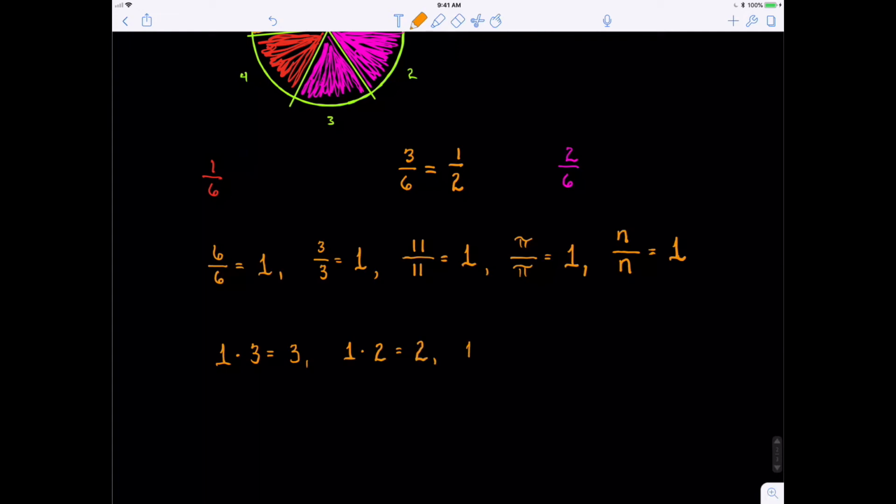What if I take the number 1 and I multiply it by that pi we have up above? Well, that's just pi. The point is this. Any number multiplied by 1, so in general, if we write 1 multiplied by any number n, is very simply that number.